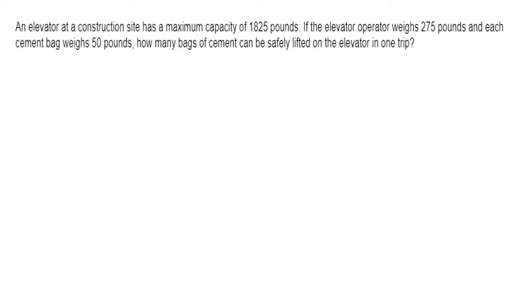Now here is another example of using less than, greater than, comparing things, seeing how much of something you can do. I have this elevator at a construction site that has a maximum capacity of 1,825 pounds. Now you have an operator that's going to hop up on this portable elevator who weighs 275 pounds.